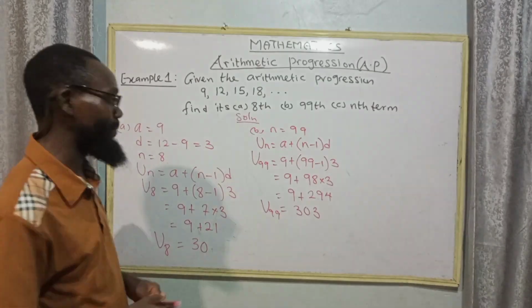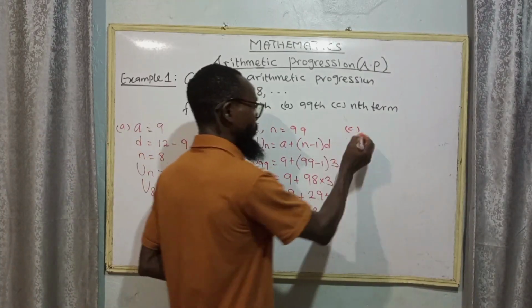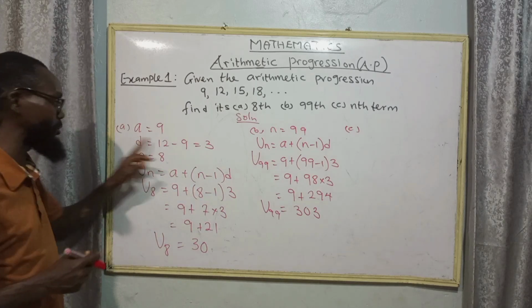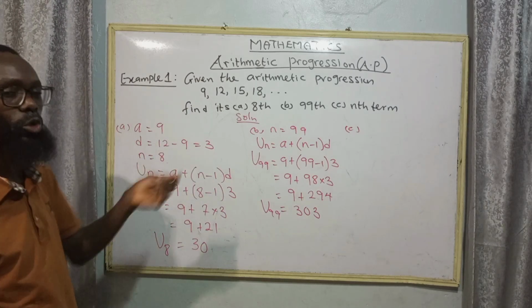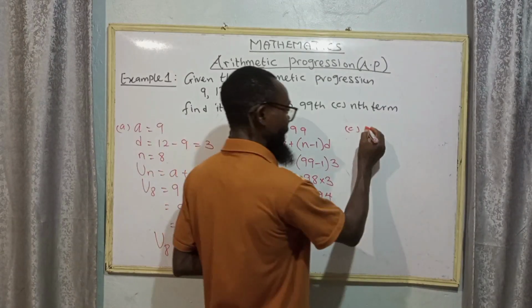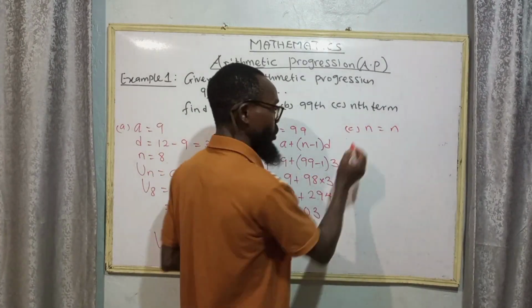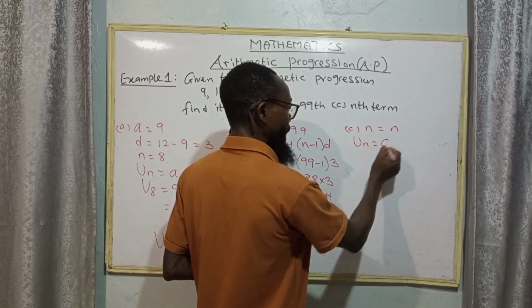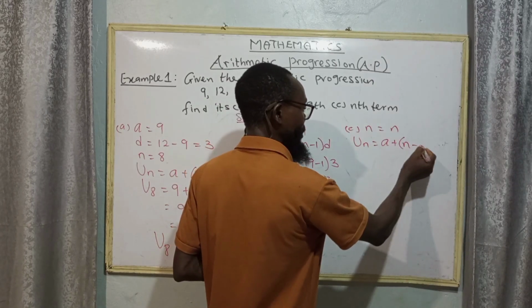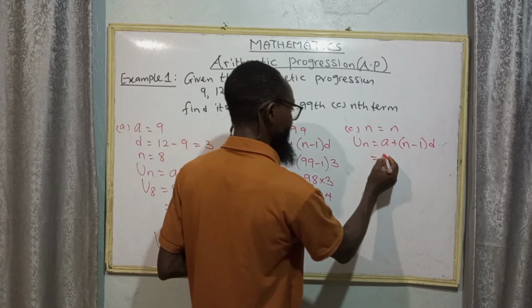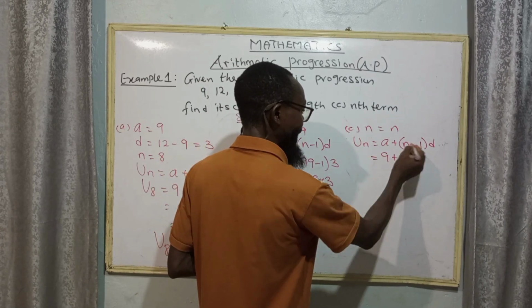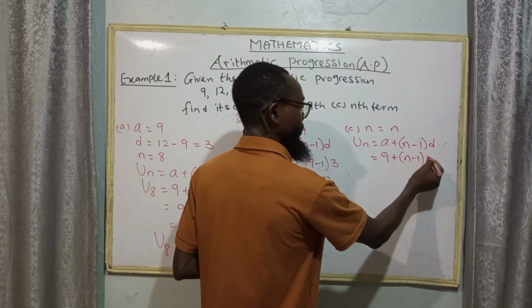Then our nth term. In this nth term, don't forget we still have our first term A and common difference D, but our n equals n. So Un equals A plus open bracket n minus 1 close bracket D. Our first term remains 9 plus, n minus 1, common difference 3.